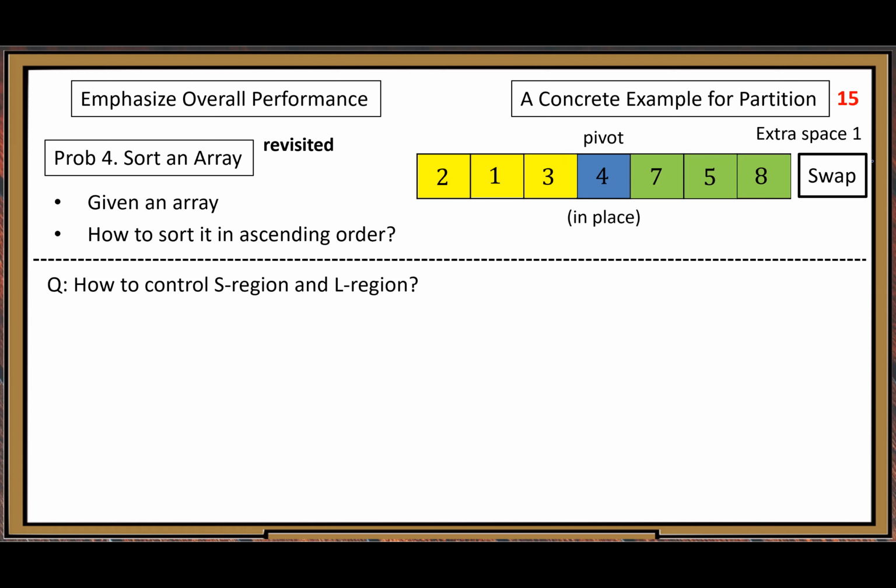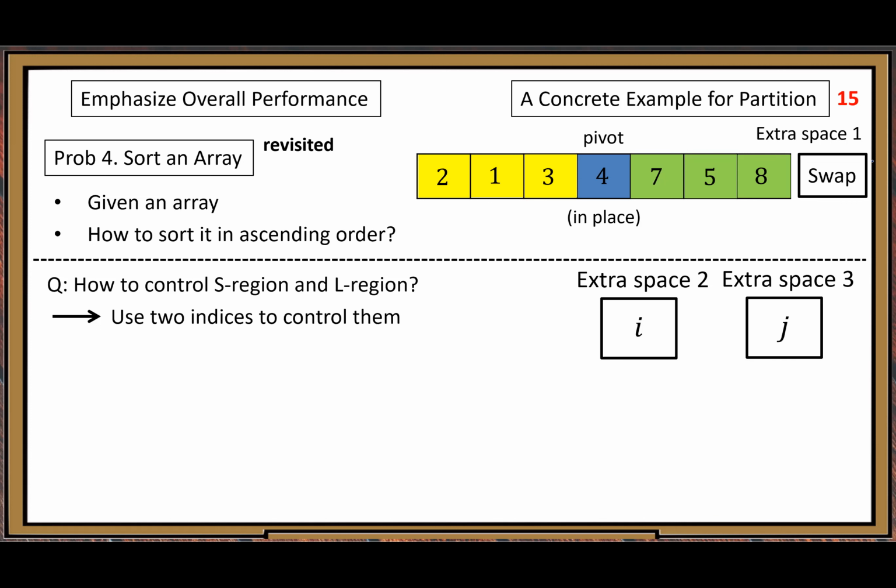We use two index variables to control these two regions. So we need to use two extra space locations, the I location and the J location.